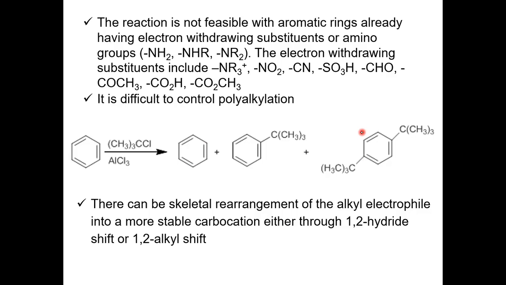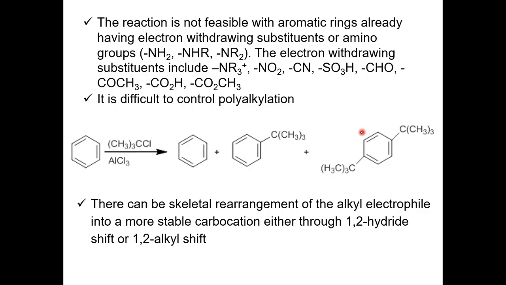Now the last one is what I was talking about, that there's always skeletal rearrangement to form a more stable carbocation. So after the carbocation has been formed by the Lewis acid, right? Good. The next thing is that there will be rearrangement.